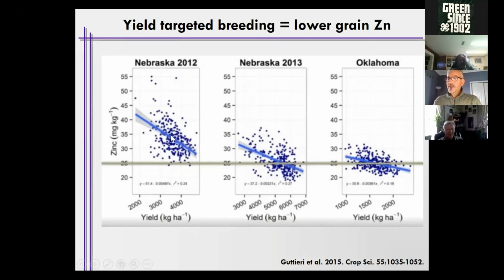And what you see is a downward trend in zinc concentration in these three different locations. And this is not uncommon in the crops that you're growing here in Colorado. I bet you if you went back and looked at the concentrations of zinc in your grain over time, you would see the same trend.